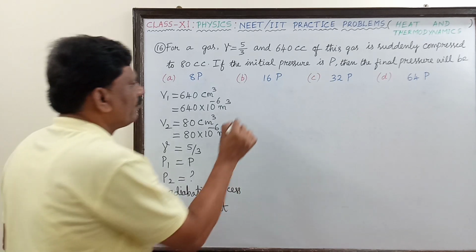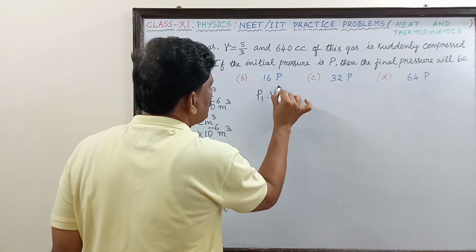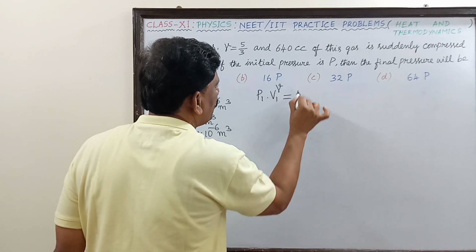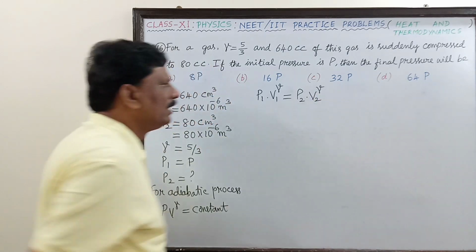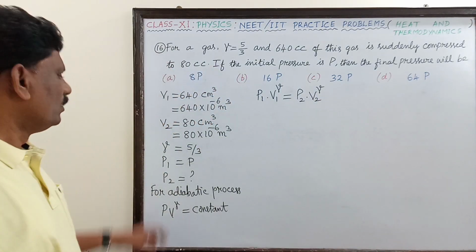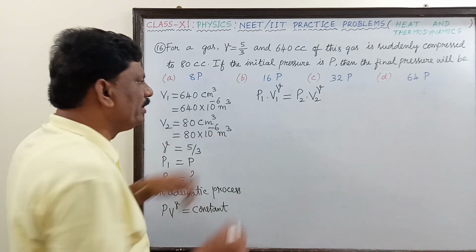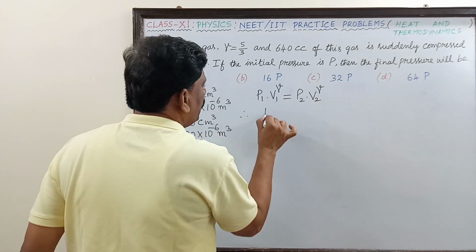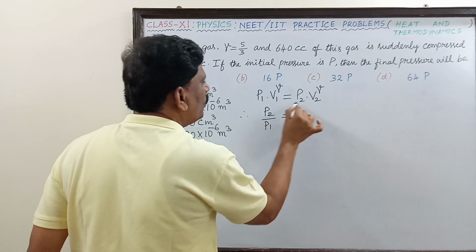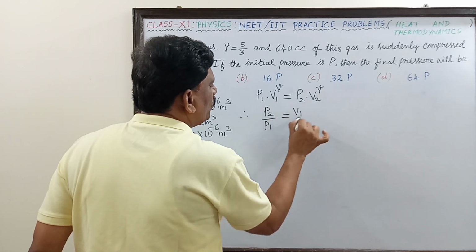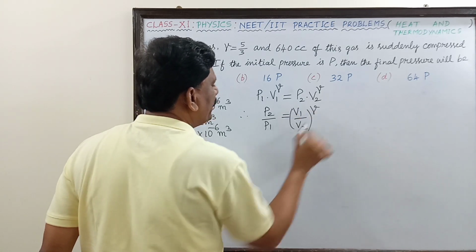Therefore P1 into V1 raised to the power gamma must be equal to P2 into V2 raised to the power gamma. Now what is required is P2. Therefore I can take the ratio P2 by P1. Therefore P2 divided by P1 must be equal to V1 by V2 whole power gamma.